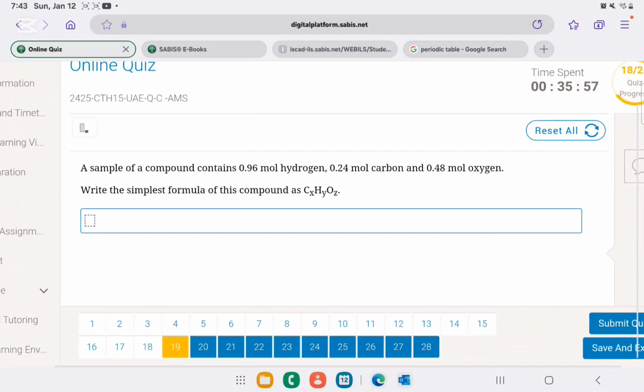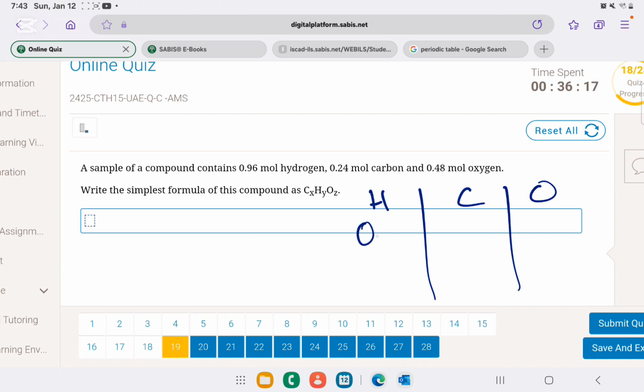A sample of a compound contains 0.96 moles of hydrogen, 0.24 moles of carbon, and 0.48 moles of oxygen. The simplest formula of this compound is? Okay. So same thing as the other questions, but here they gave us the moles. So hydrogen, carbon, oxygen: 0.96, 0.24, 0.48.